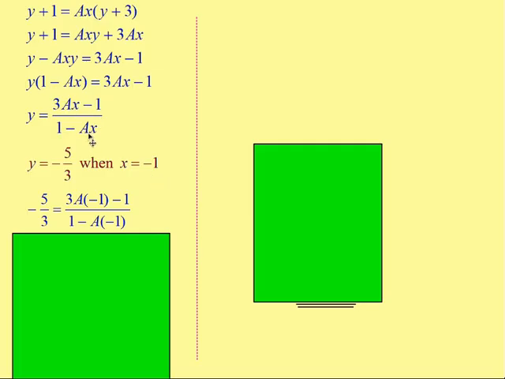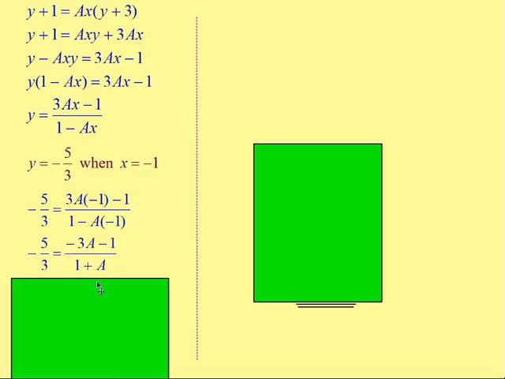So we have 3a times negative 1 take away 1 over 1 take away a times negative 1. We'll tidy that up slightly: negative 3a take away 1 over 1, two negatives make a positive, so plus a.